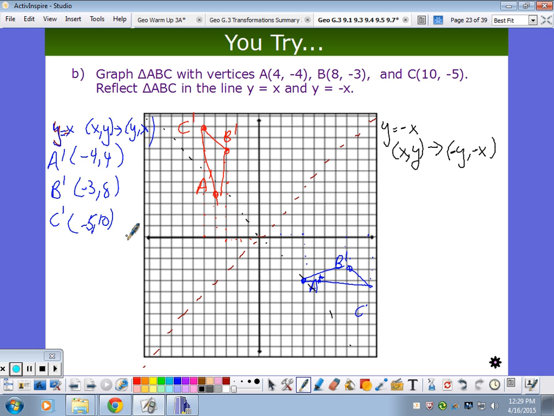So the easy way is, since I've already done this, I can just make these negative. So each x and y is going to be the opposite of what I see here. So this one is overlapping.